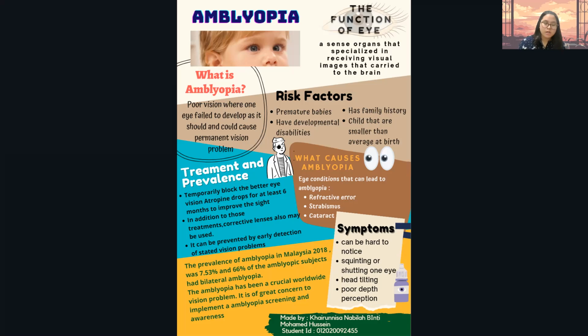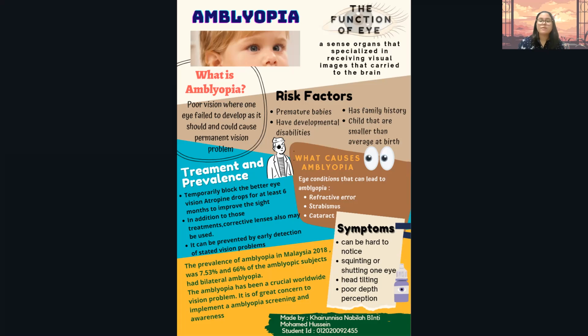And it could be very serious because it is a less common disease. It's less common for a subject to be affected by bilateral amblyopia. But as you can see, from the 7.53%, 66% have bilateral amblyopia.